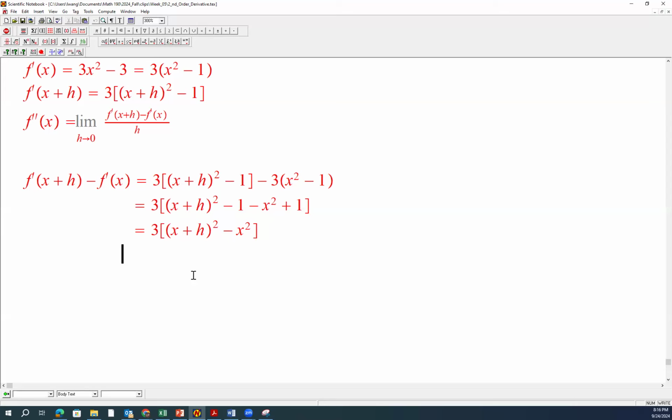If you like to factor, I like to factor, right? If you factor, you're going to have a plus b, a minus b, right? So x plus h minus x, multiplied by x plus h plus x.